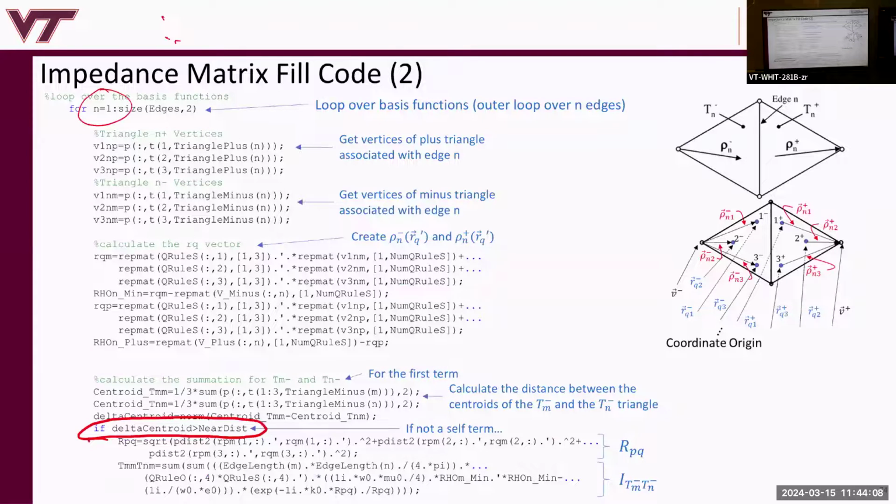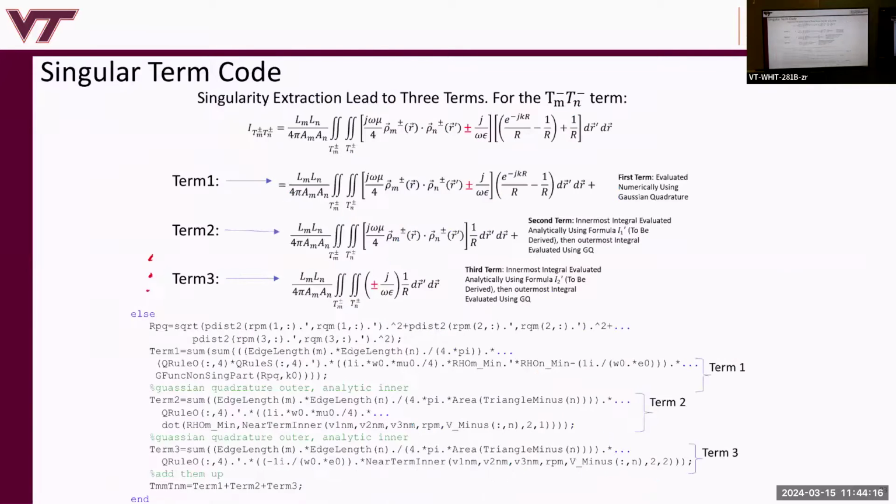The else statement goes after all this code, dot, dot, dot, and that brought us to here. So here's the else of that if delta centroid is greater than near distance. So RPQ, we have term 1, term 2, and term 3.